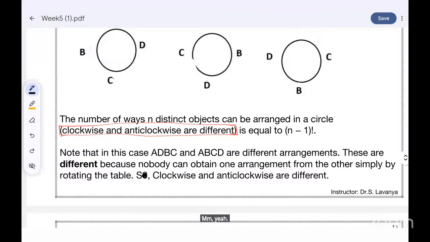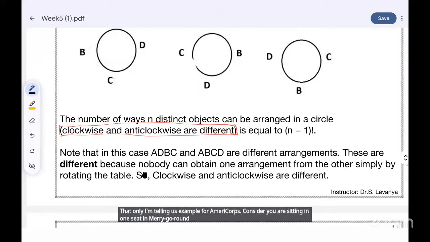If we fix any one of them and rotate, the arrangements are different, right? Consider you are sitting in one seat in the merry-go-round. On the right side, the person is different. On the left side, the person is different. So in clockwise, the arrangement is different, and in anti-clockwise, the persons are different. That is the example.